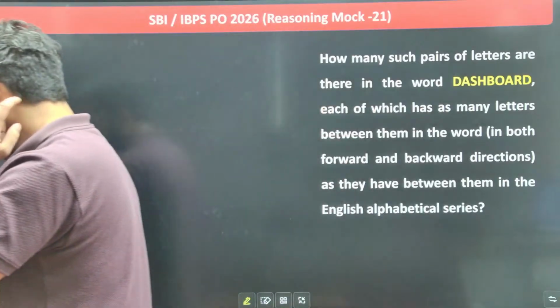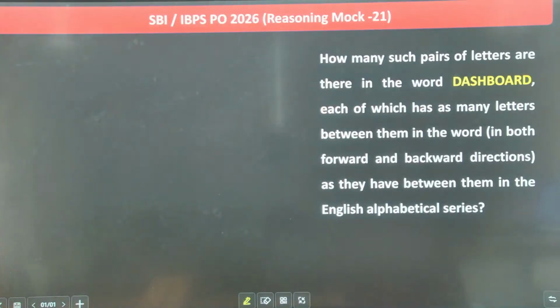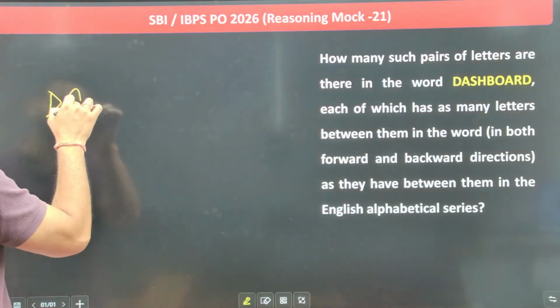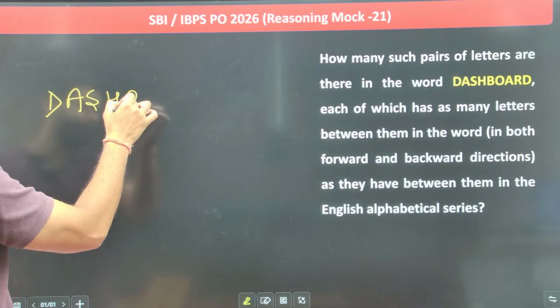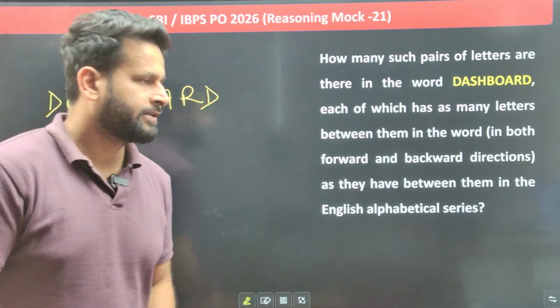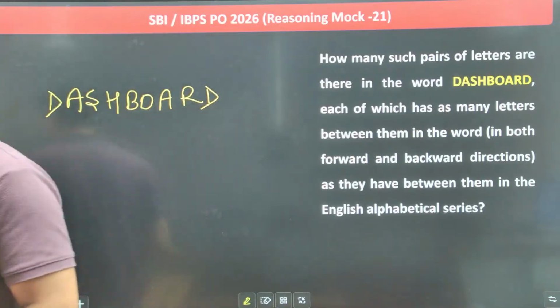The word given to you is dashboard. All right, both in forward and in backward direction. DASHBOARD.